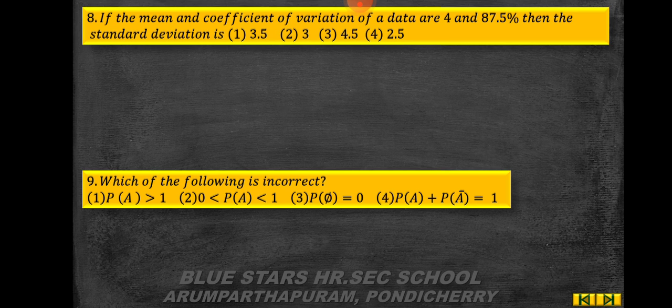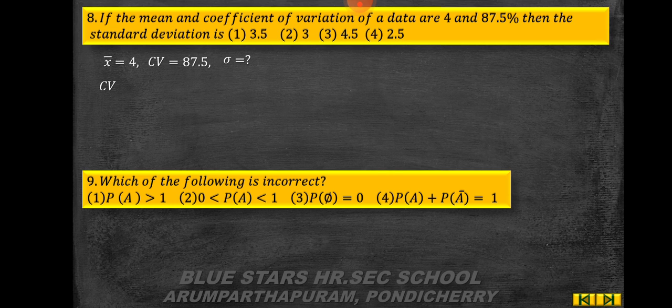Question number 8. If the mean and coefficient of variation of a data are 4 and 87.5%, then the standard deviation is option 1, 3.5, option 2, 3, option 3, 4.5, option 4, 2.5. So x bar is equal to 4, CV, coefficient of variation, is equal to 87.5. You have to find the standard deviation.